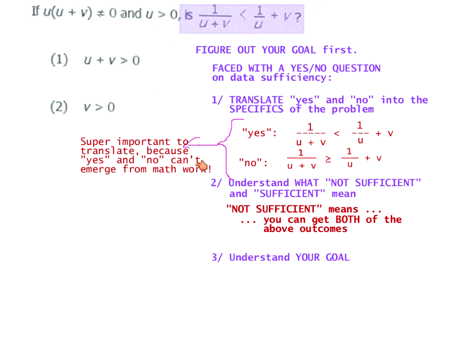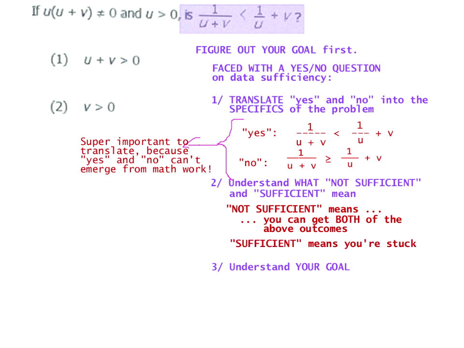Again, you have the same problem as you do here. You have stuff that cannot emerge from doing work. You can't do a bunch of math work and have the word maybe pop out of it. That's what causes difficulty with this: you don't have a goal that you can actually try for. Sufficient basically means that you fail to get that. Sufficient means you're stuck with just one of those outcomes.